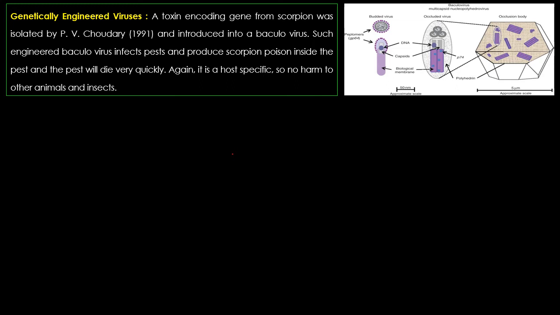A toxin-encoding gene from scorpion was isolated by Chowdhury in 1991 and introduced into a baculovirus. Such an engineered baculovirus infects pests and produces scorpion poison inside the pest, and the pest dies very quickly. Again, it is host specific, so there is no harm to other animals and insects.